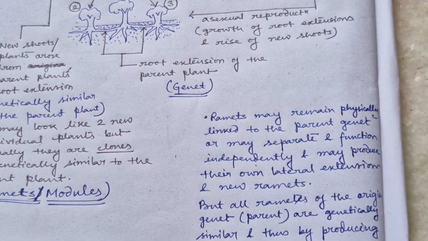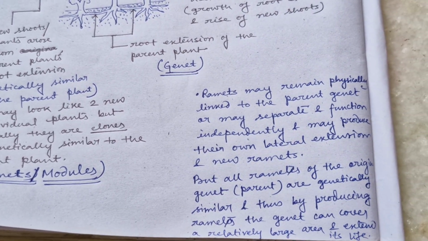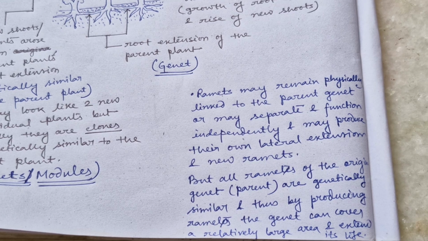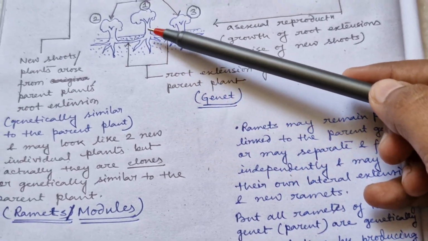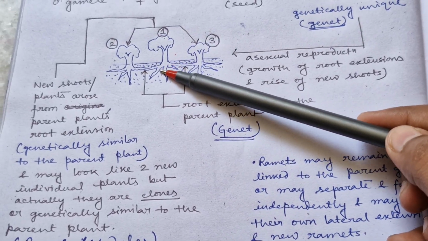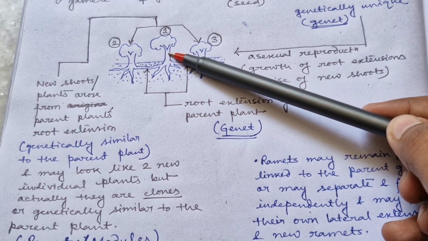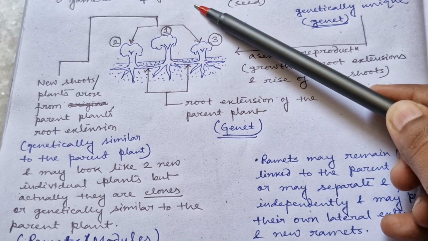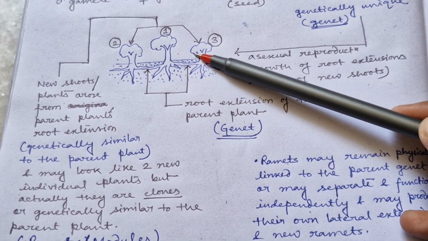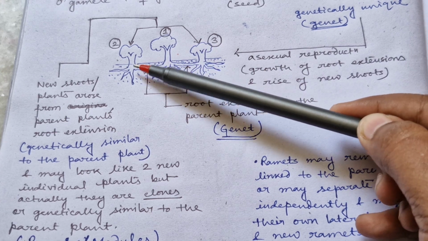Now you may ask, what is the significance of giving out ramets? See, after some time, obviously the genet plant is older in age, so it will die, and the ramets are younger than it, so they will remain alive.